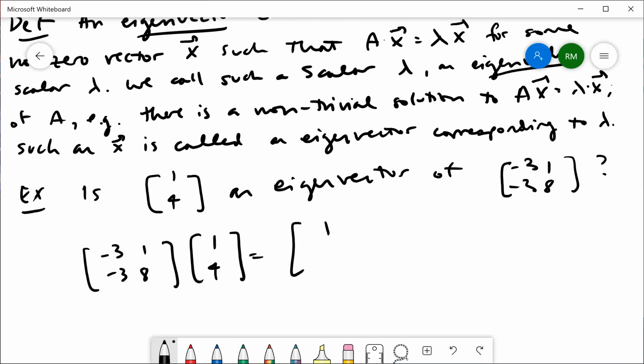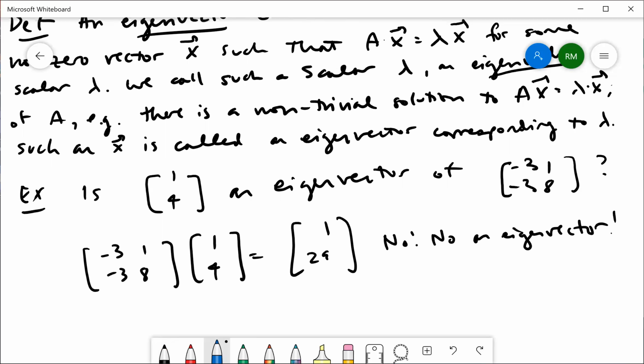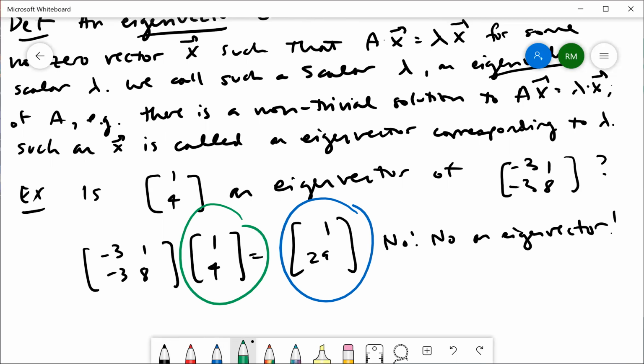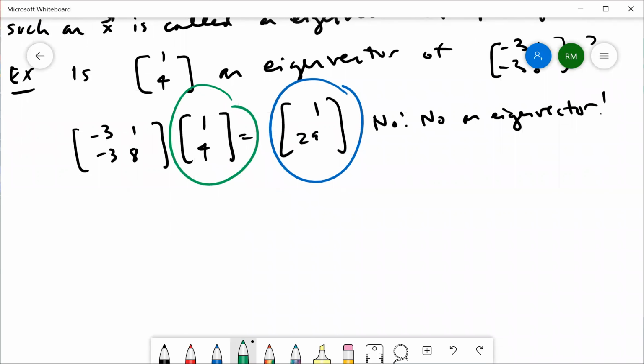Should get a 1 and a, let's see, that's -3 plus 32, 29. So no, not an eigenvector, because the vector in blue is not a scalar multiple of the vector I've circled in green.